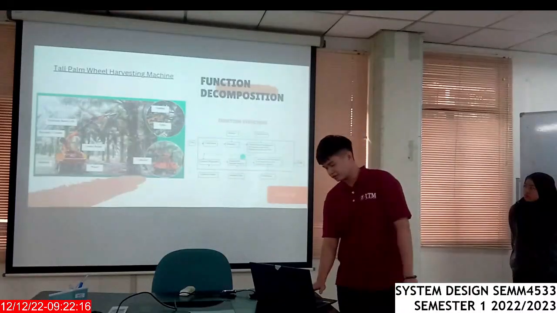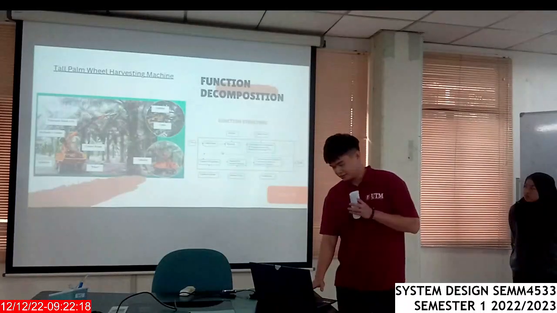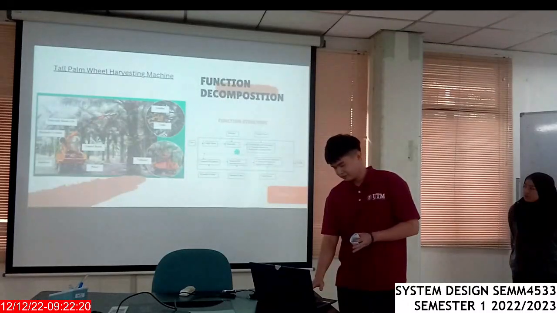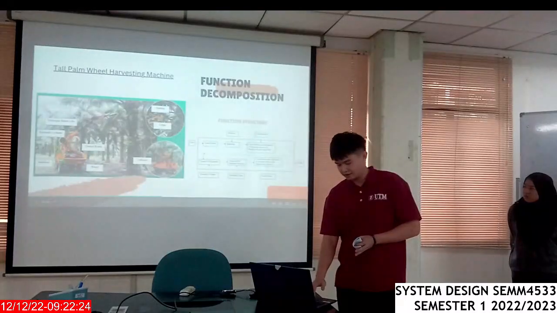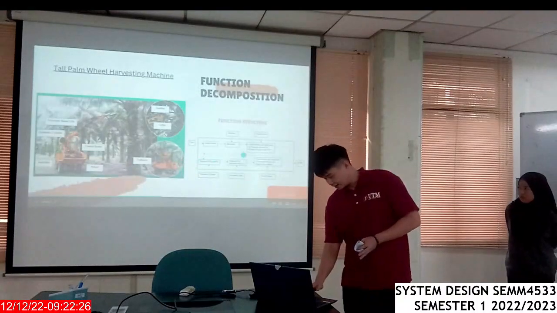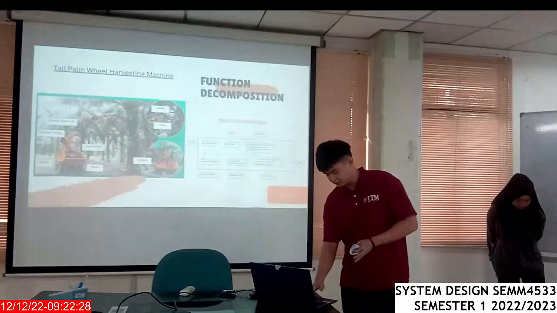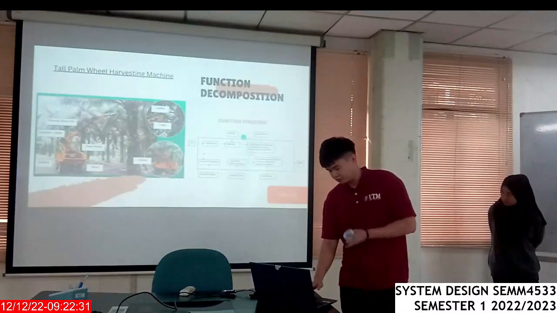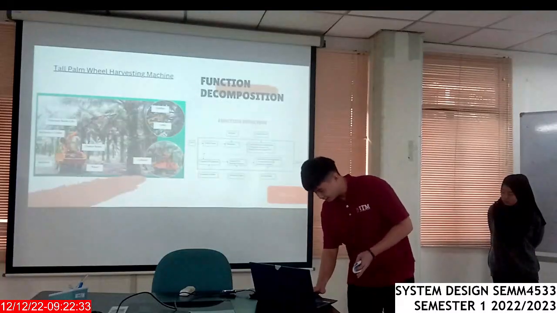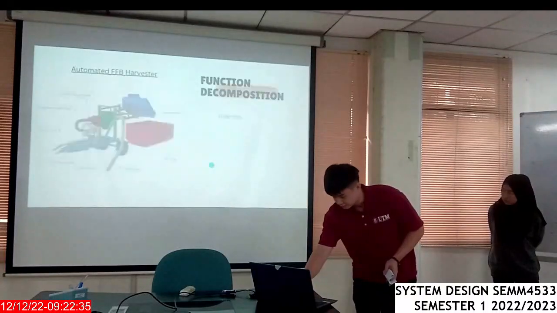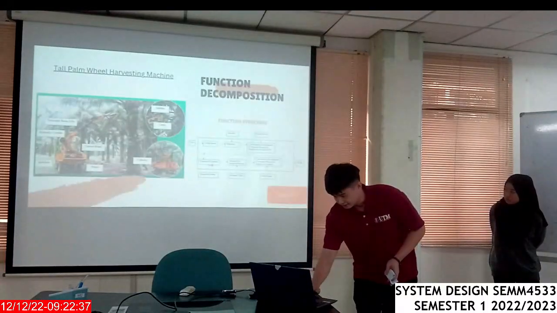So the function structure is the user will enter the control room, and the stabilizer will balance the whole machine. After that, the crane will rotate and move to the position, and the target FFB will be grabbed here, and it will separate from the tree.